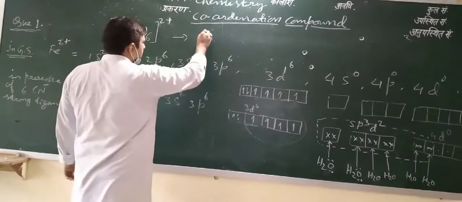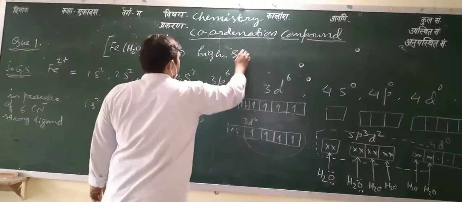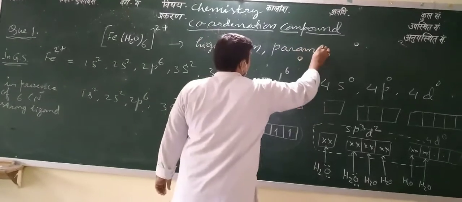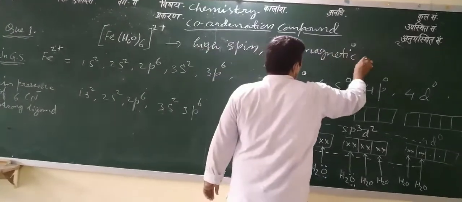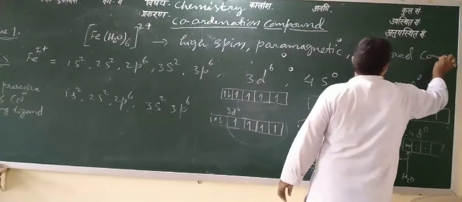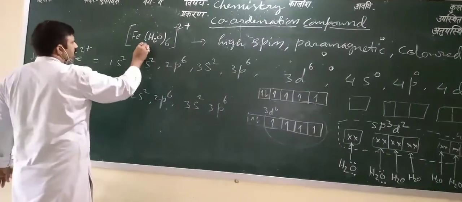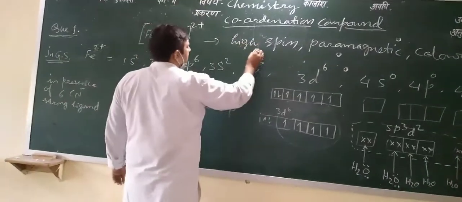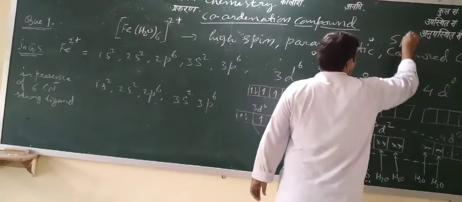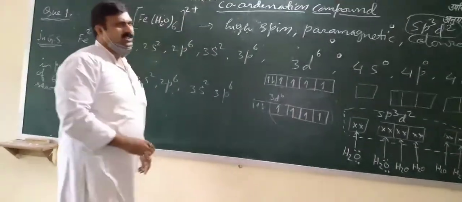So it is a high spin, paramagnetic and colored complex, and the hybridization here is sp3d2. Okay.